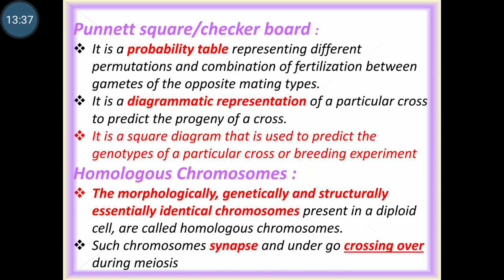It is a square diagram that is used to predict the genotype as well as phenotype of the offsprings. Homologous chromosomes. The morphologically, genetically and structurally essentially identical chromosomes present in a diploid cell are called homologous chromosomes. Such chromosomes synapse and undergo crossing over during meiosis.